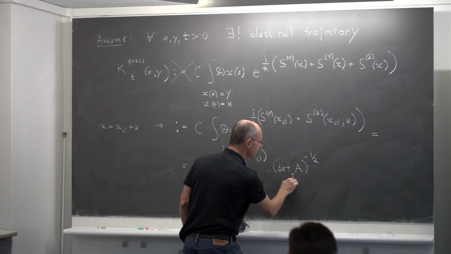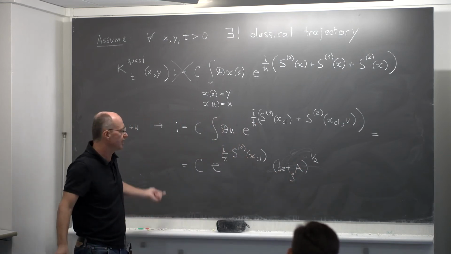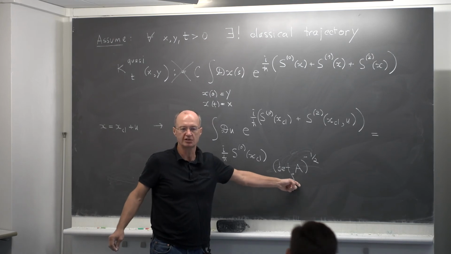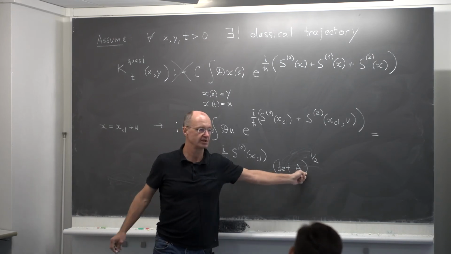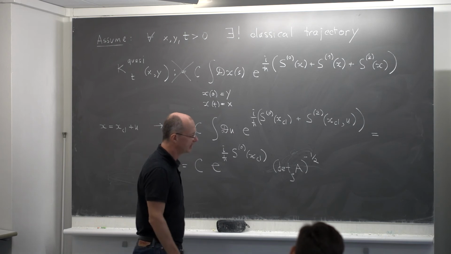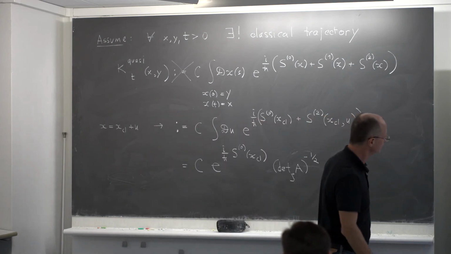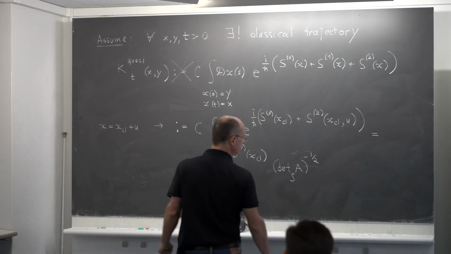Now we can say that we want the determinants that we know. These are zeta-regularized determinants. So it is the zeta-regularized determinant of the operator A, and what is the operator A?